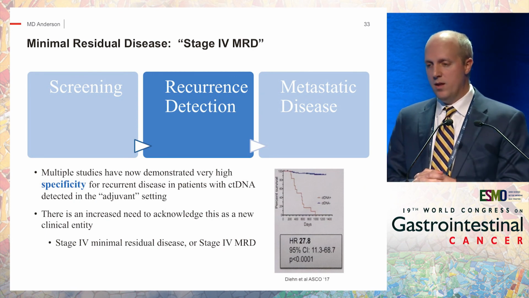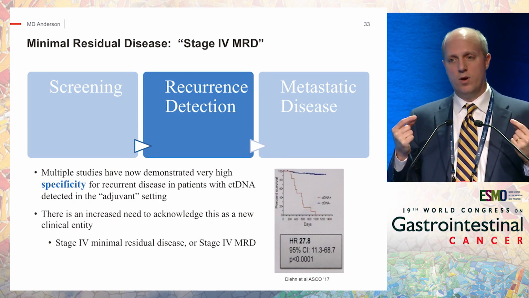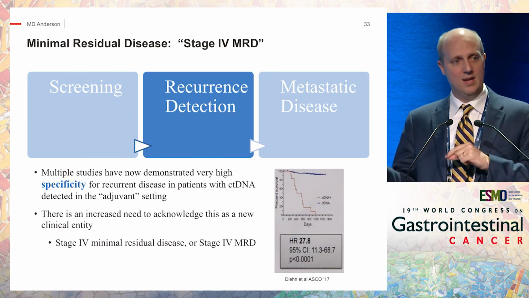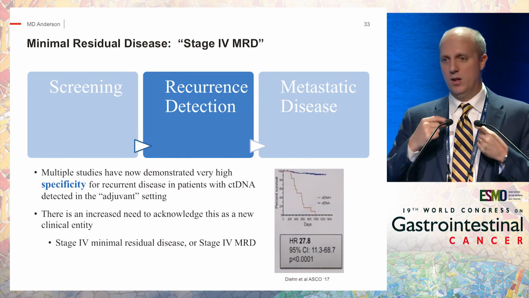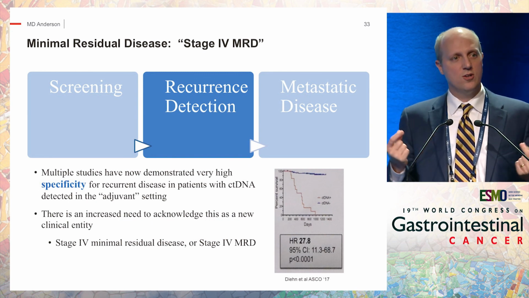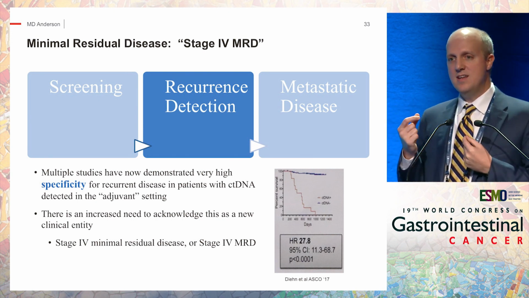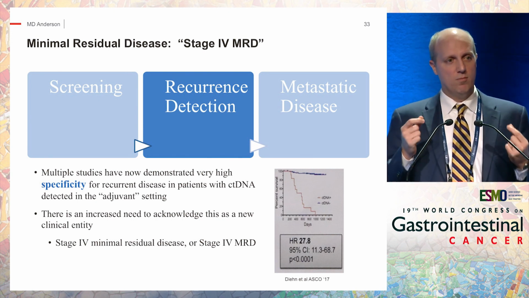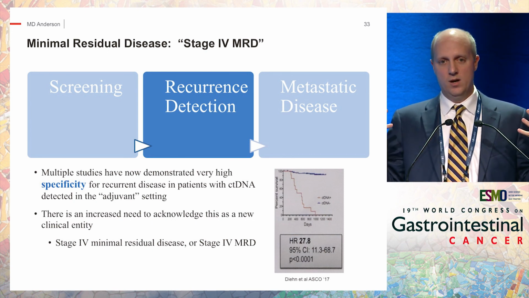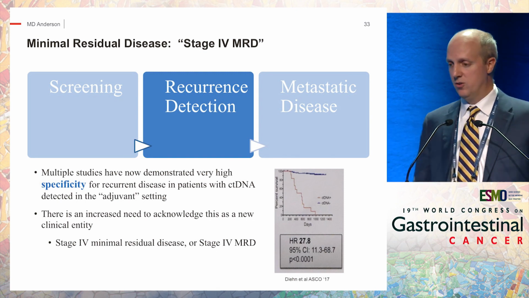And actually, with this data that we're seeing now on minimal residual disease, one can say this is not a biomarker of recurrence, what we are seeing is recurrence, right? This is molecular recurrence in the tumor. And I think if we were to start to think about the post-surgical ctDNA as a molecular marker of recurrence, that opens up a new realm of being able to treat and do drug development in this space.